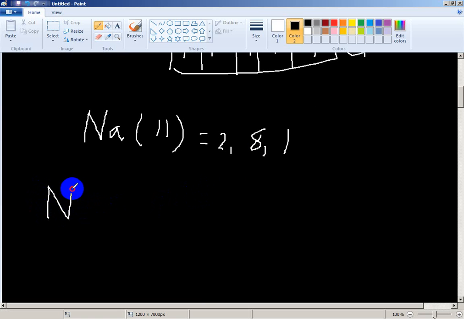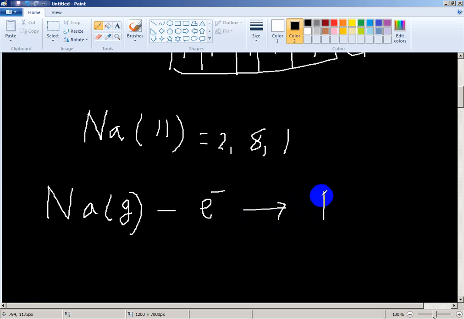Like sodium, it must be in the gaseous state. Sodium, you know, is solid. To remove 1 electron, the amount of energy required is called ionization energy.